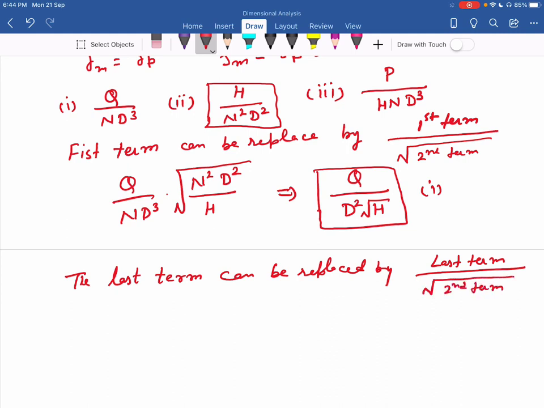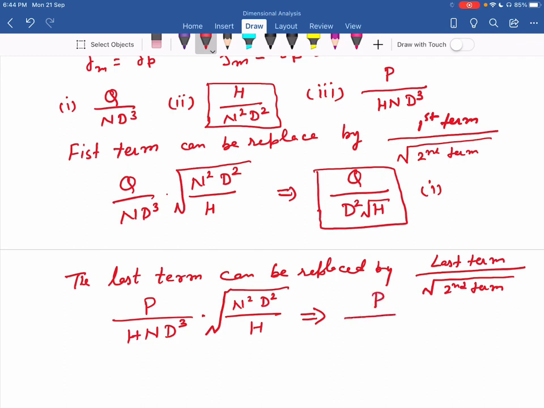So I can write the last term as P divided by Hn d cube into under root of n square d square divided by h. So I can write that as P upon d square h raised to power 3 by 2. So this is my third term now.